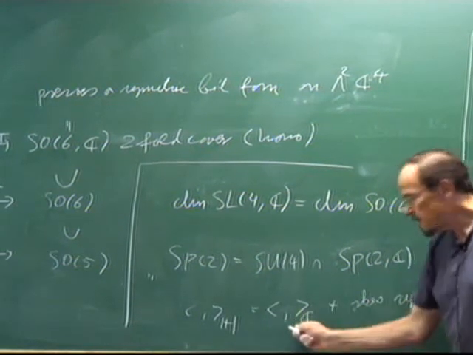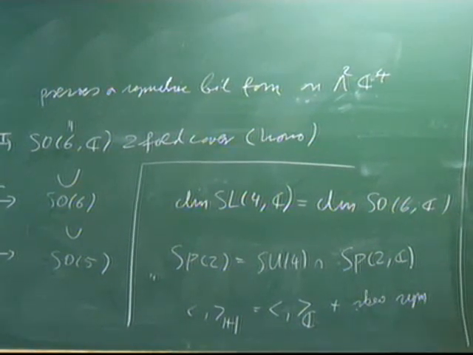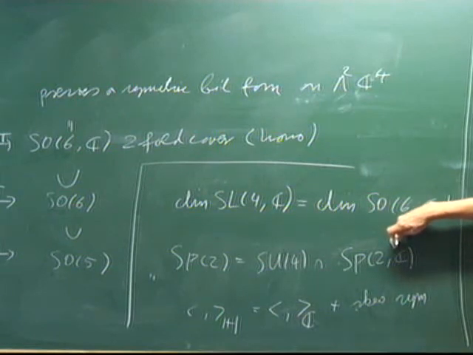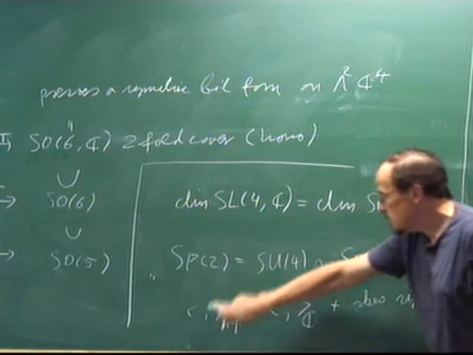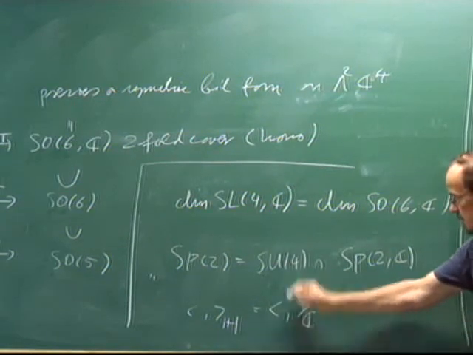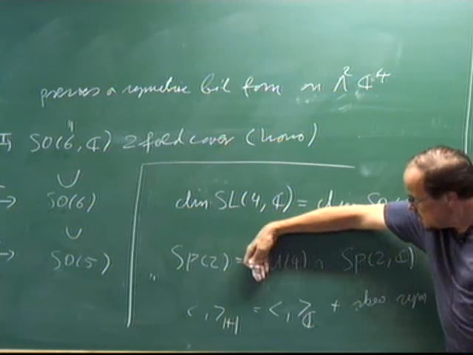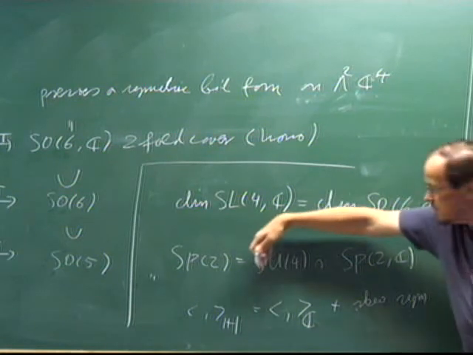Right, so the complex part is Hermitian and the rest is skew symmetric. Skew symmetric means it lies in SP2C by definition. So if something preserves this here, it must preserve this part and this part separately. This means it lies in U4. This means it lies in SP2C. And then the reason I can put the S there is that these matrices have determinant 1. So it actually lies in SU4.